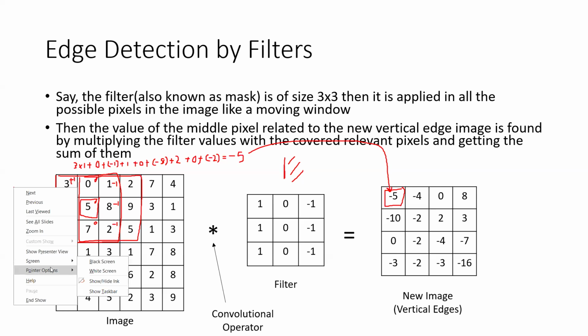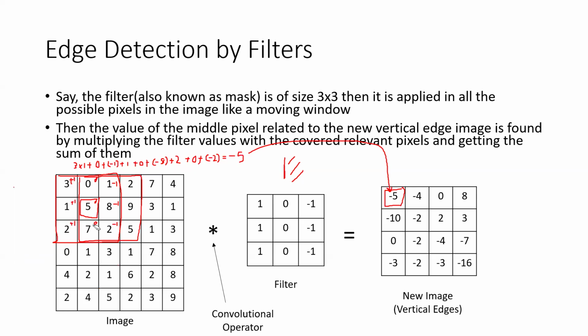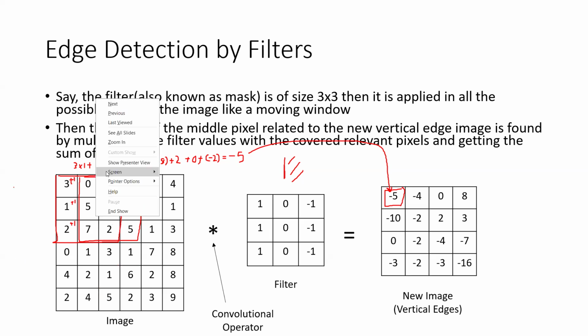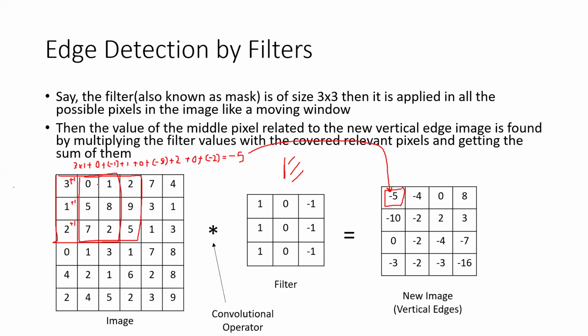Let me first erase all these values. Suppose you are using 1, 1, 1, -1, -1, -1, 0, 0, 0.